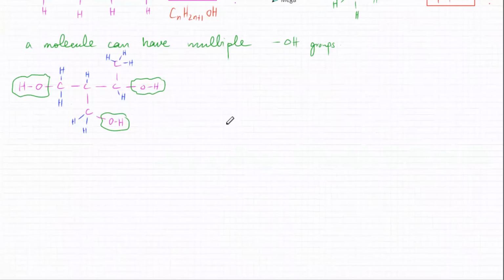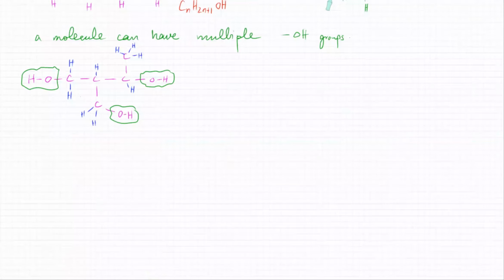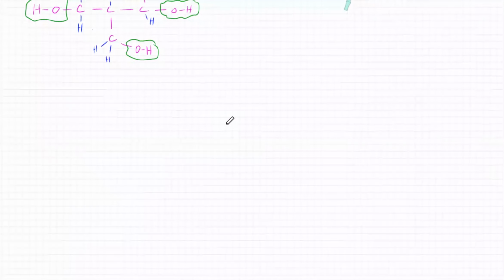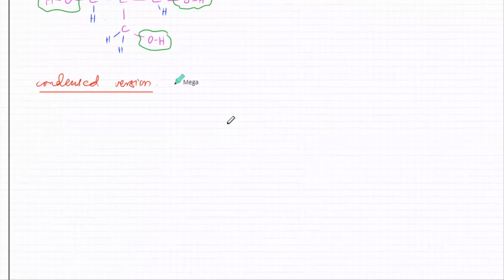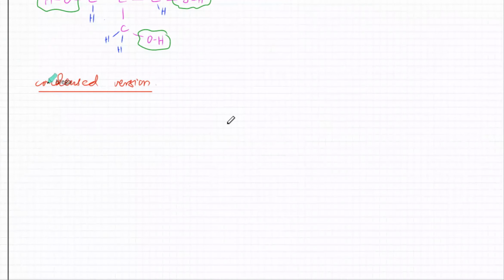Now the next part is I'm going to draw the condensed versions of the molecules as well. So this is the displayed version of the molecule where you show every single bond. I'm just going to draw a couple of condensed versions. The only difference between showing every bond and showing a condensed version is that you don't show the bonds over here.